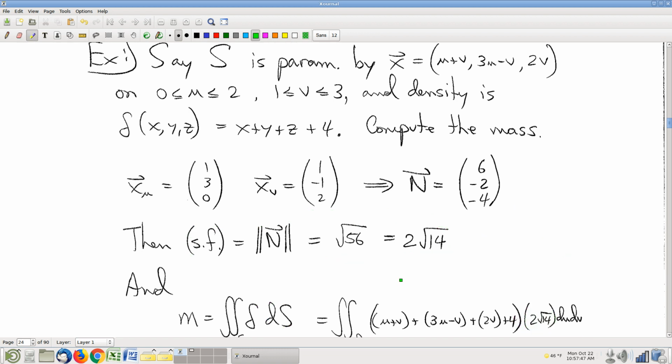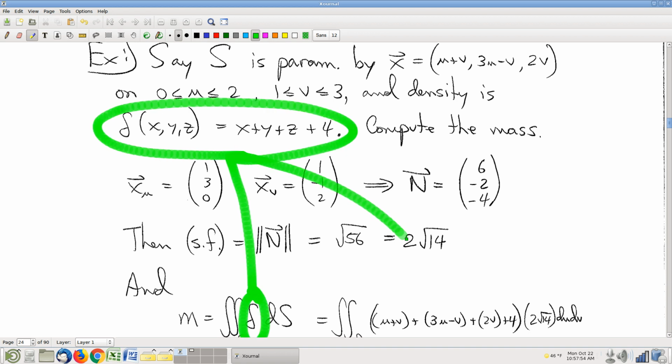Okay, so now what about all this business? Where does that come from? Well, that's our density function. Recall, density was given. So all I've done here is just rewrite that density function, x plus y plus z plus 4. Then you object and say, that's not what that looks like. What's the deal with all these u's and v's? Well, this is just a two-step rewrite.